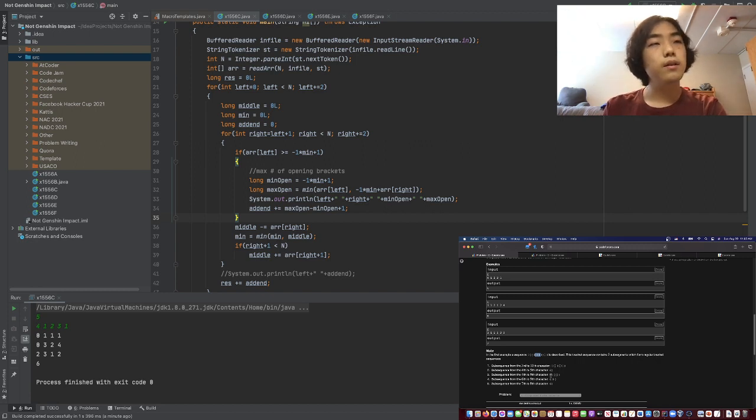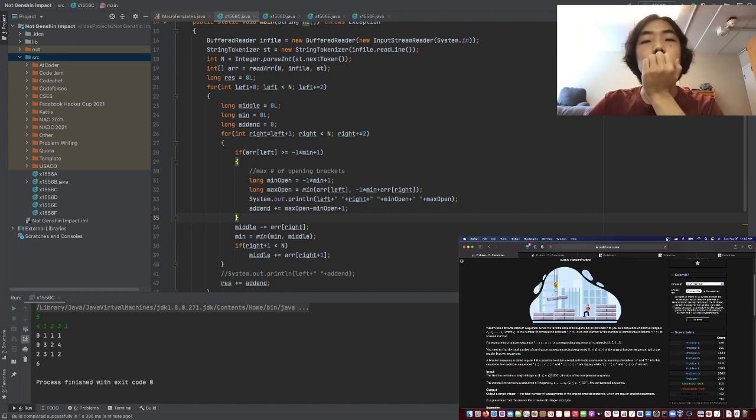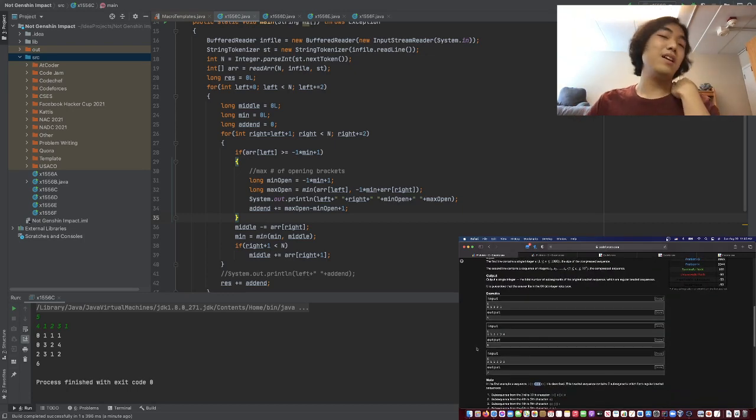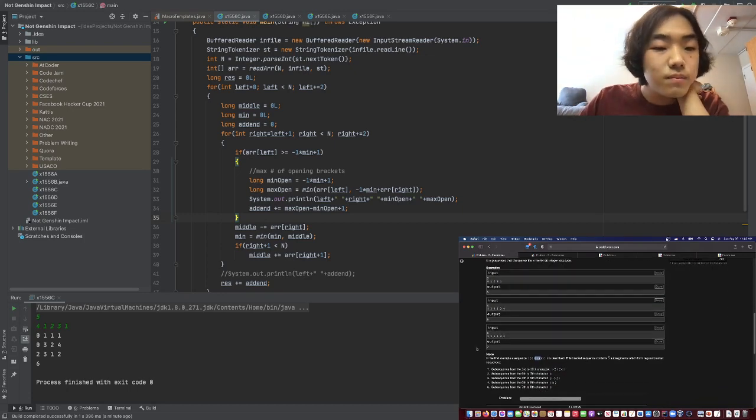Wait, so if it's 0, 3, 2, 4, if we have an element, like, for example, how? That hurt. Okay, so I'm saying that it's possible to have 2 opening bracket sequences, which it is, but it's also possible to have 1 opening bracket sequence.